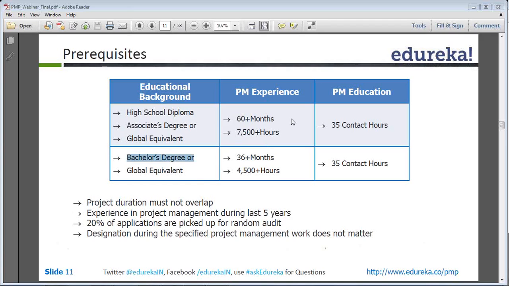In case of the first one, you need 7,500 hours of project management experience over a period of 5 years. Whereas if you are a graduate, then you need 4,500 hours of project experience over a period of 3 years.